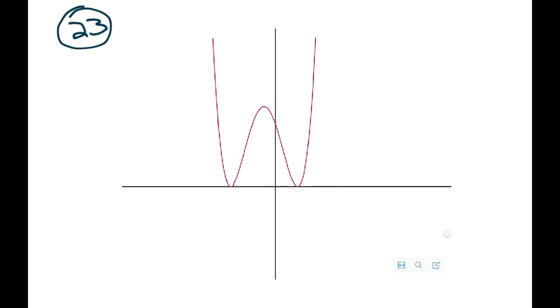Here's the thing. One of the points is in the negative region and one of them is in the positive. So if this is a and this is b, then the factor over here is going to be x plus a, and this one's going to be x minus b, and they're both multiplicity 2, so this would be the answer.